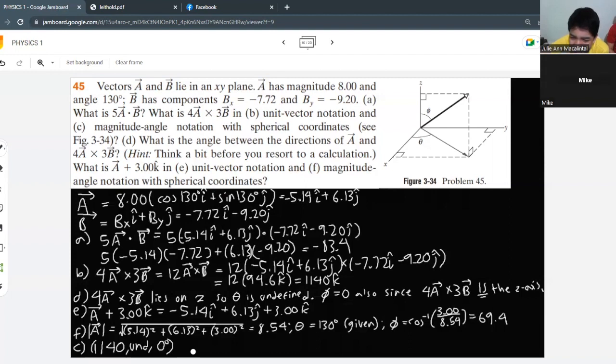There's a plane on which 4A cross B and A exist. They are coplanar, not skew. Given any two vectors, you can always find a plane on which they are coplanar.